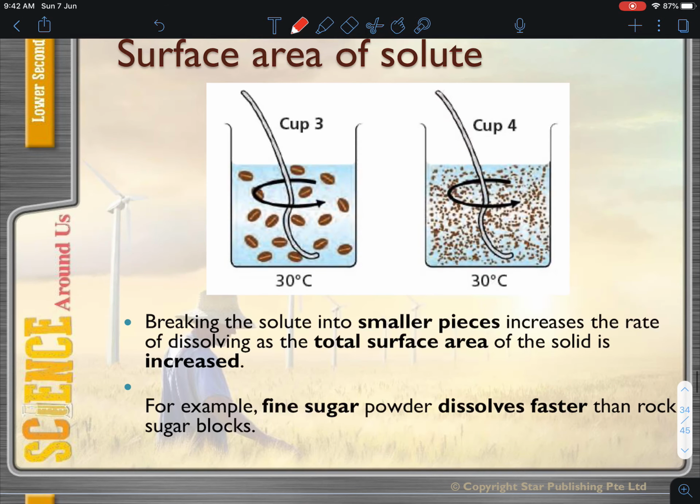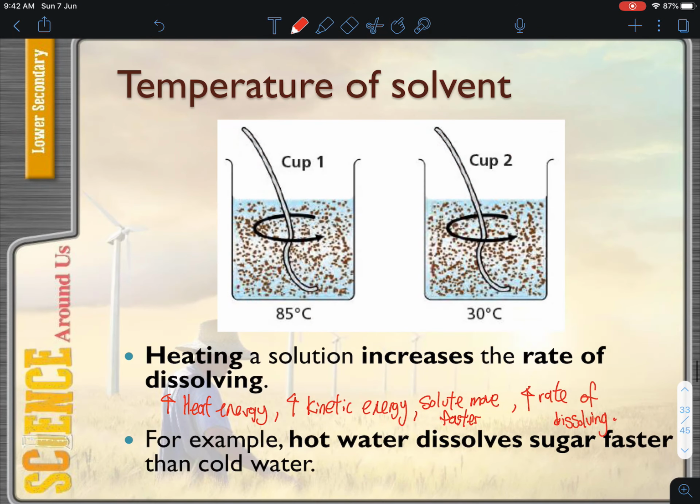Next, we look at surface area. So you can see down here what they meant. For this one, cup 1 will dissolve faster because it has a higher temperature.